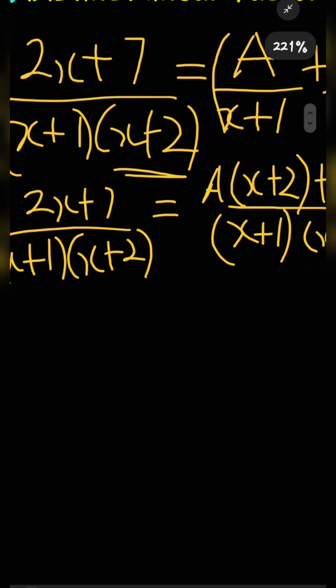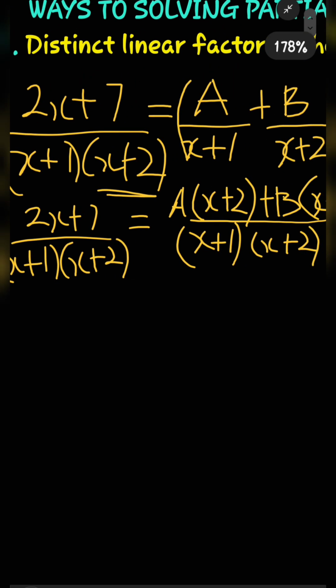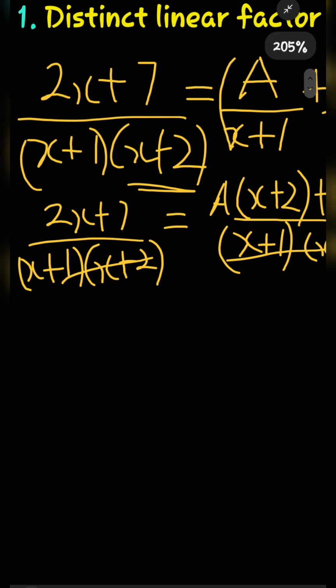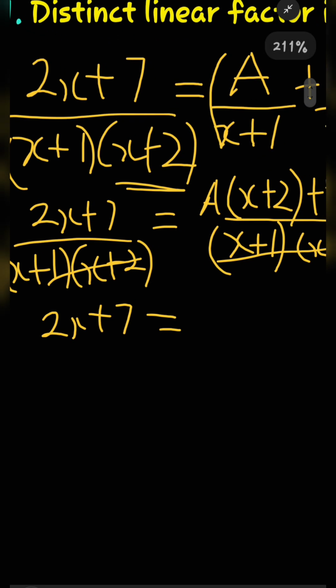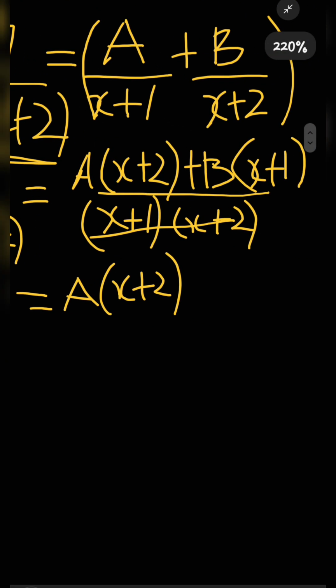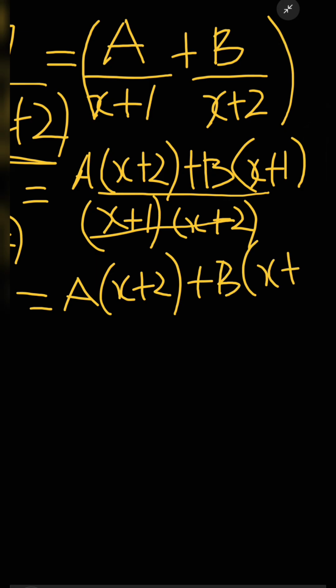Now, since there is an equation sign, the denominators can go. So we'll be left with 2x plus 7 is equal to a into x plus 2 plus b into x plus 1.